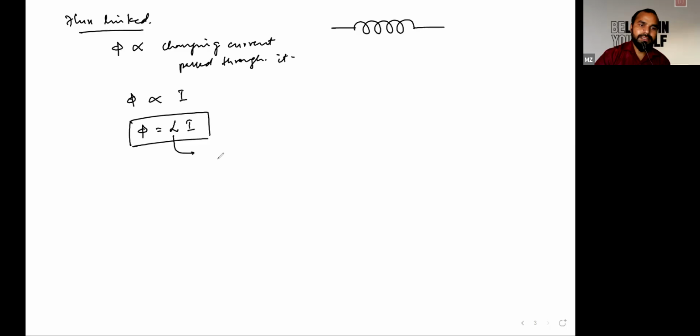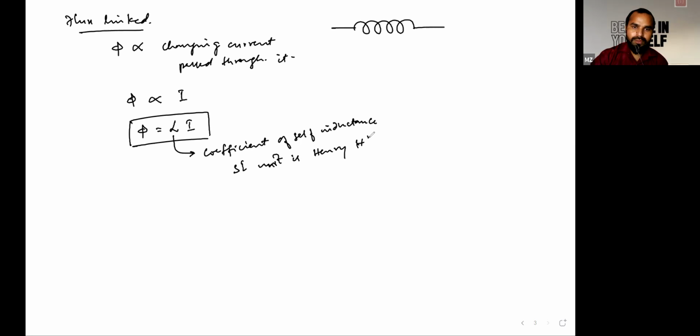This L is similar to M, which you learned for mutual inductance. So this is called the coefficient of self-inductance, having SI unit the same as mutual inductance, Henry or capital H. Now we have flux and current, which are directly proportional to each other.